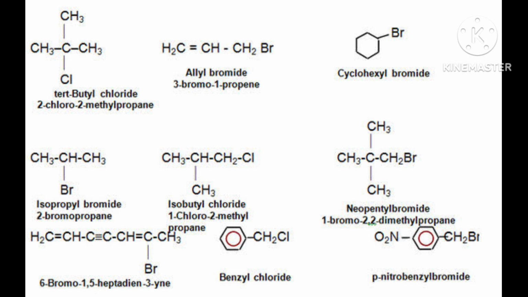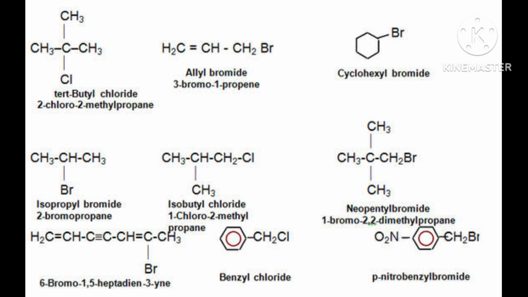This carbon is attached with 2 carbons, plus in a straight way with the second also it is attached. Means the third carbon is attached with 2 CH3, 2 methyl groups, and one with the second carbon. So this carbon is attached with a total of 3 carbons.